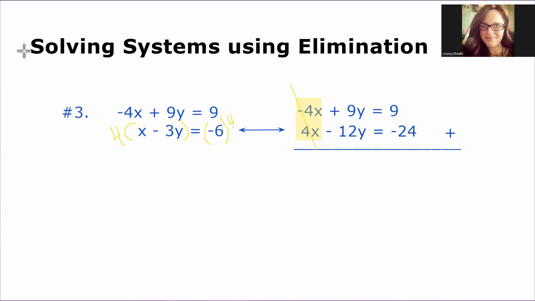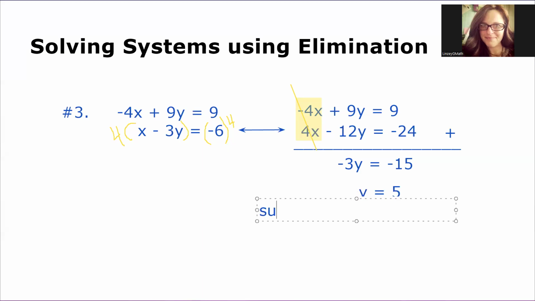Adding the two equations, 9 plus negative 12, and 9 plus negative 24. You can always use a calculator. And divide. 2 negatives make a positive.